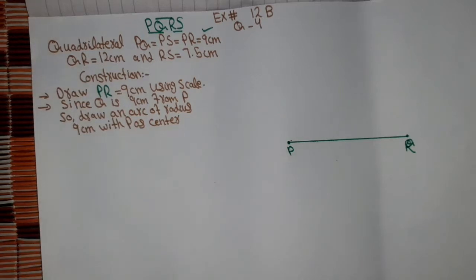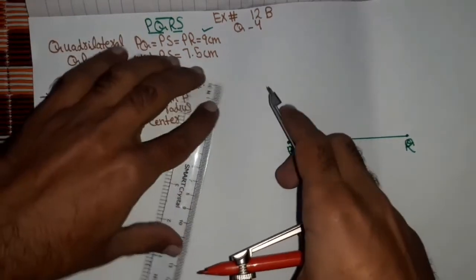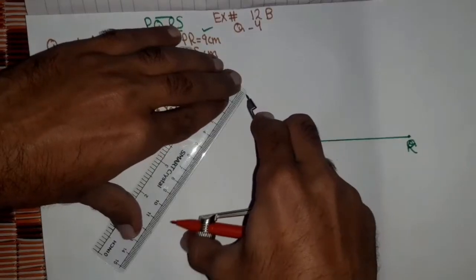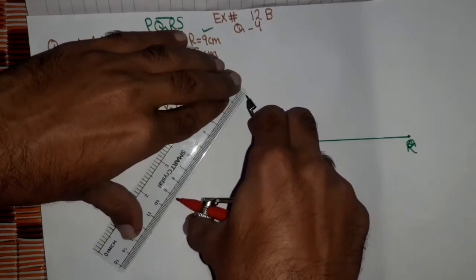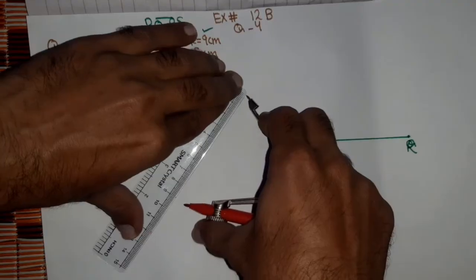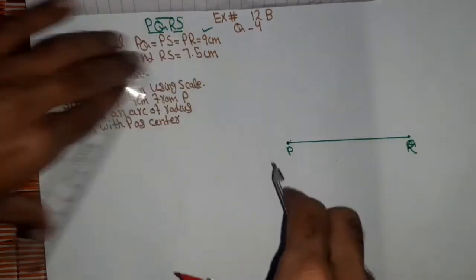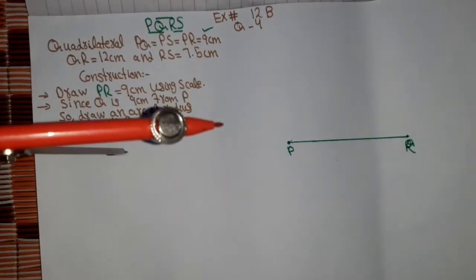We will open the compass to the length 9 centimeter and draw an arc of radius 9 centimeter with P as center.